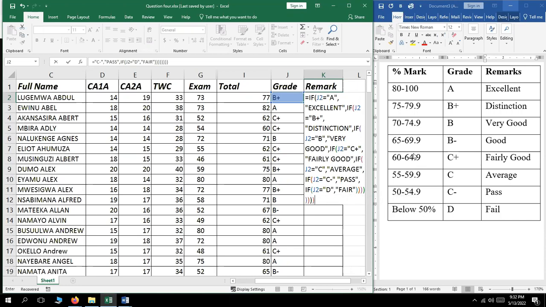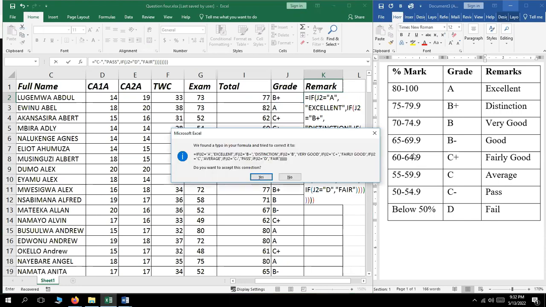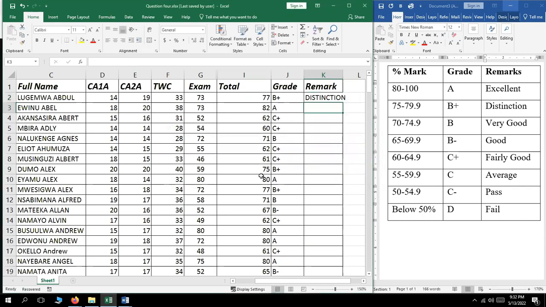After doing so, just press enter on the keyboard. Yes, there's an error somewhere. Maybe the number of closings doesn't match how many times I opened, or some bracket is missing somewhere. Let me click on OK and see whether they're going to correct me. Yes, there was a bracket that I didn't close somewhere.